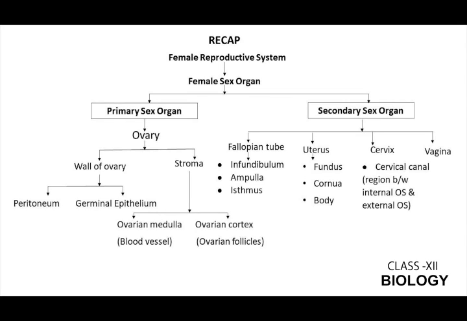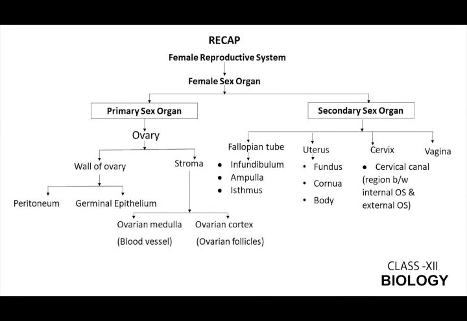Now the secondary sex organs are the fallopian tube. The different parts of the fallopian tube are the funnel shaped infundibulum, wider ampulla and a narrow isthmus. Next is uterus. Uterus has different parts, that is fundus which is dome shaped, and cornua, which is the corner of the uterus. Just below that comes the body or corpus where the implantation takes place.